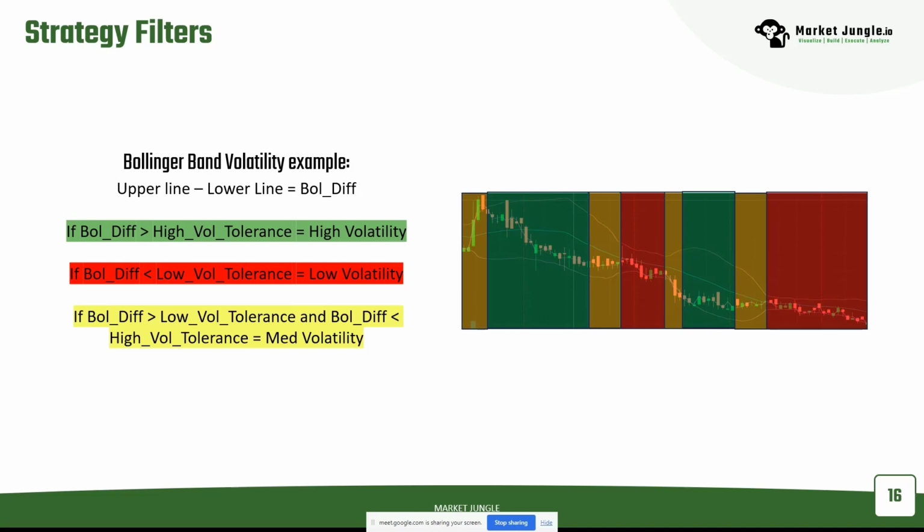Exactly. So, as I understand it, let's say if you add so many filters that you only get 1 or 2 trades per day, they are high probability, and you make $200 on the day.